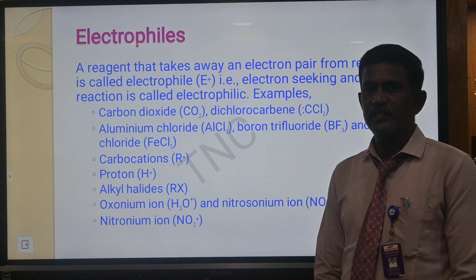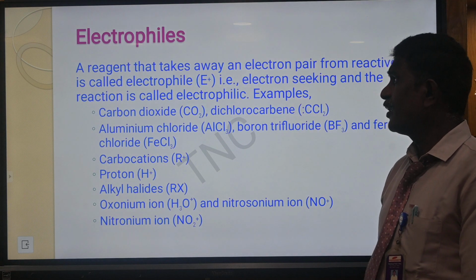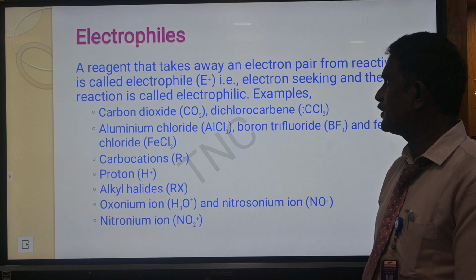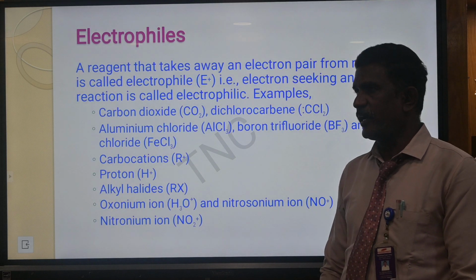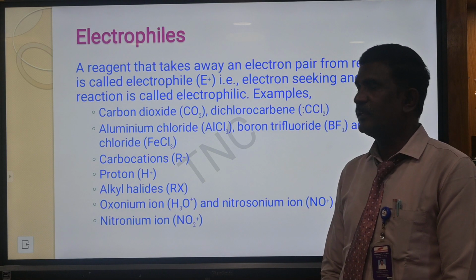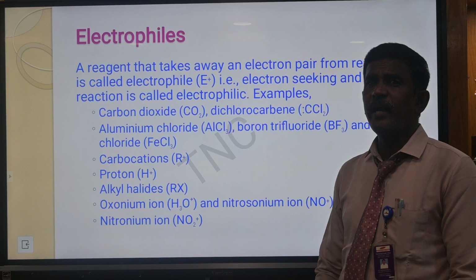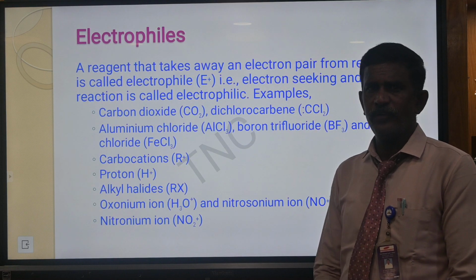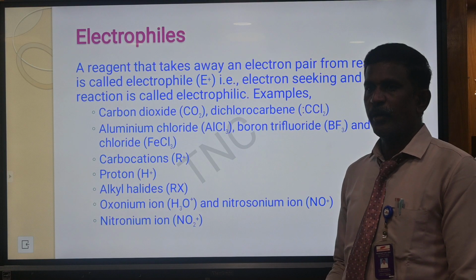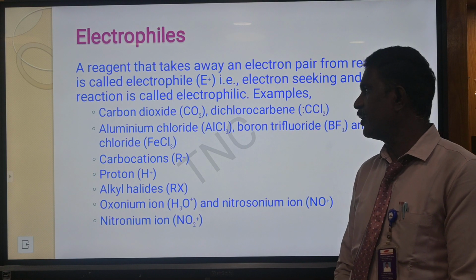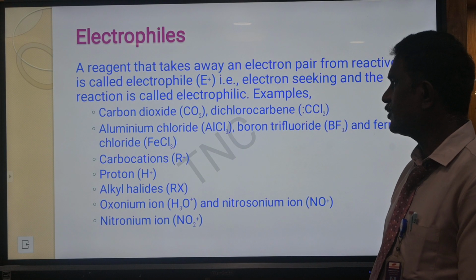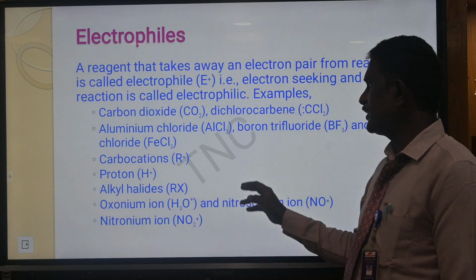These species attack nucleophilic centers and are involved in chemical reactions. Particularly we could see these reagents in the mechanism of chemical reactions. Since they are electron deficient, they may be positively charged or neutral. And these electrophiles are also called Lewis acids.